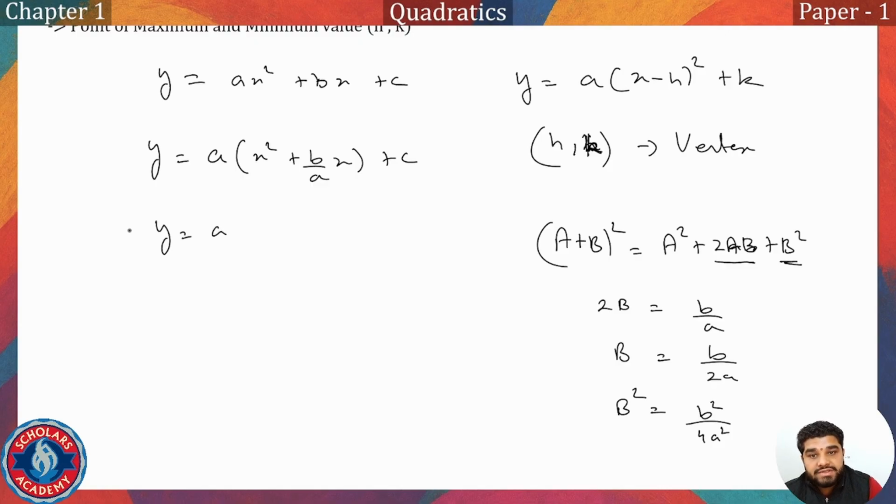What we get is y is equal to a x square plus b by a x plus b square by 4a square minus b square by 4a square plus c.